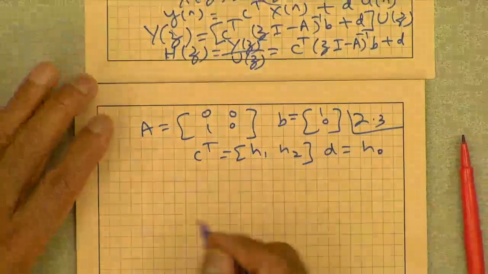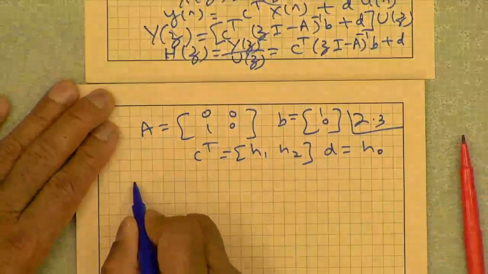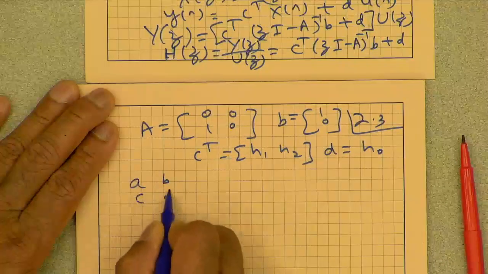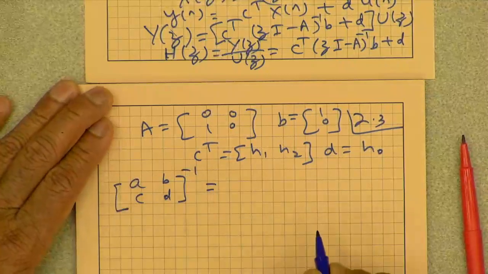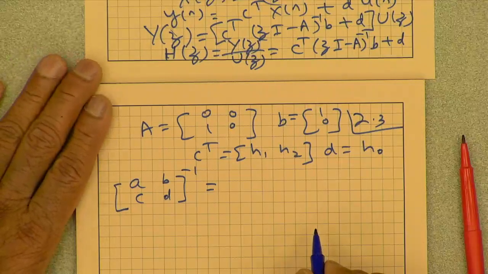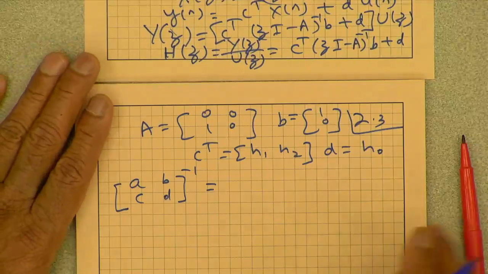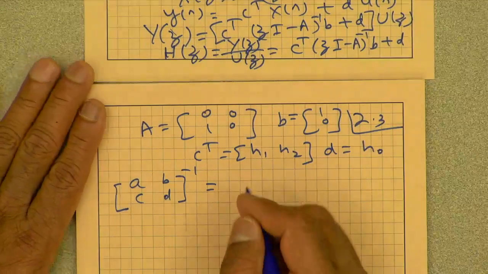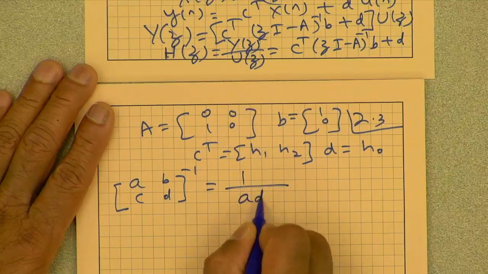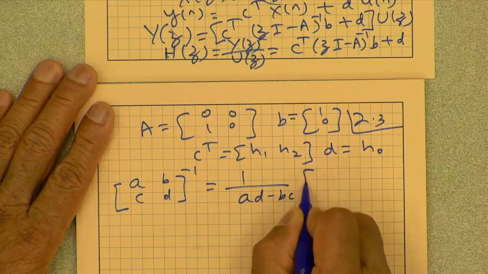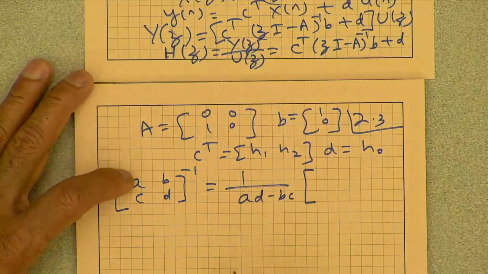So by the way, before I start, if we have a 2 by 2 matrix A, B, C, D, what is the inverse of a 2 by 2 matrix? I mean, these are kinds of things that it's good to know quickly. So that's 1 over the determinant, which is AD minus BC, times the adjoint transpose.